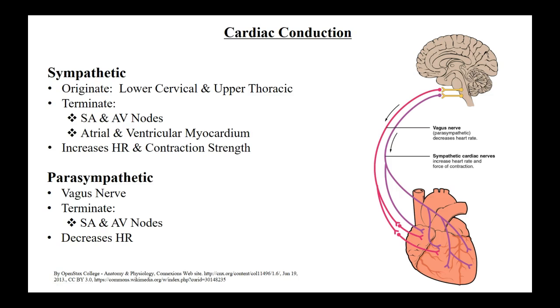It's very similar to when we talked about the blood vessels, where there was tonic firing to keep some sort of vascular tone. So there's some tonic firing by the parasympathetic to keep that heart rate low.